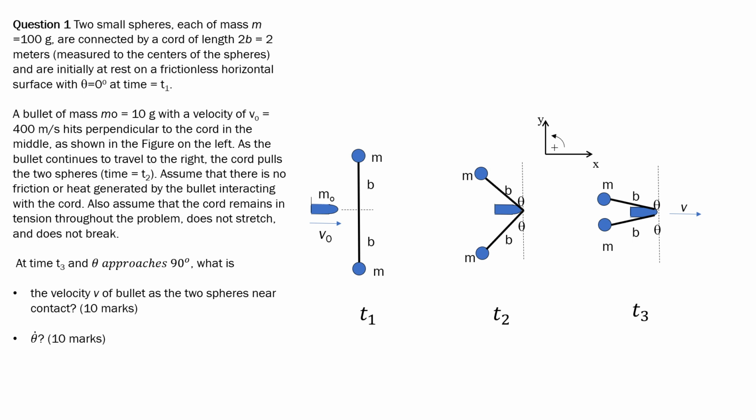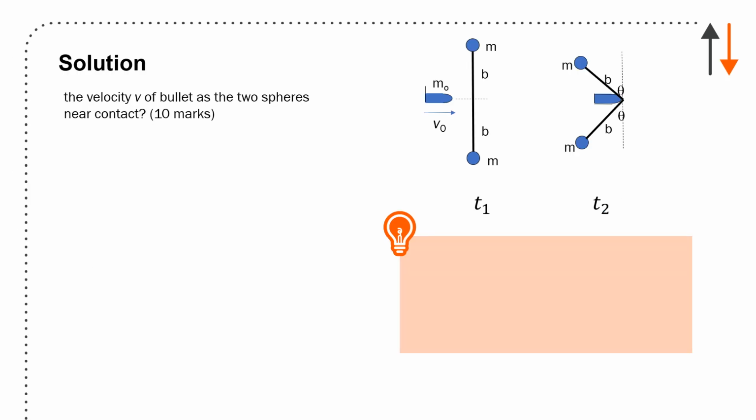So this is a particle kinetics problem, and let's break it up into parts. I know that the sum of forces in x is equal to 0, and that tells me that there's no impulse that's done because it's a relatively short period of time.